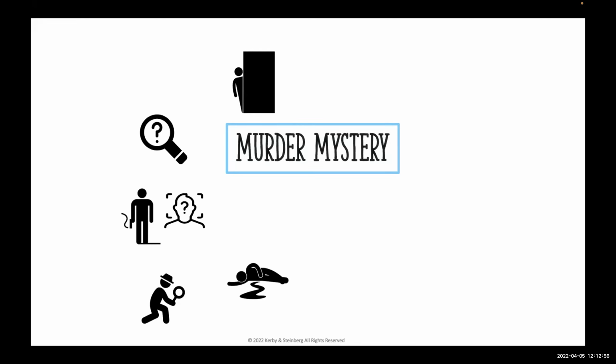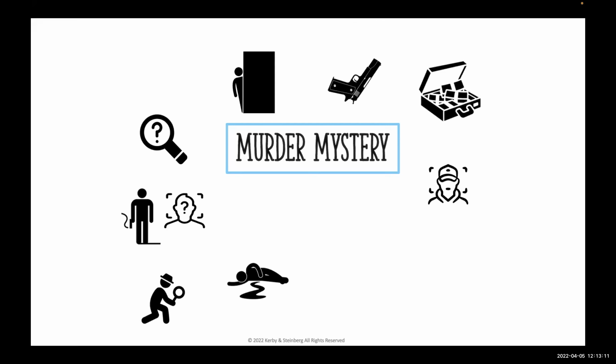Maybe a witness comes forth, or maybe a weapon is uncovered, or maybe they discover a motive. Whatever it is, in the end, all of these clues come together, and usually in a pretty exciting scene, the murderer is revealed. And sometimes, there's a chase scene there too. And then in the very end, we have closure because that murderer gets their comeuppance. They go to jail or whatever happens.